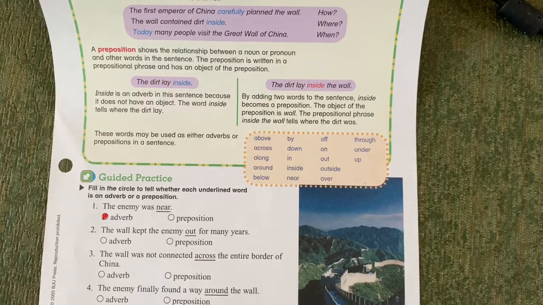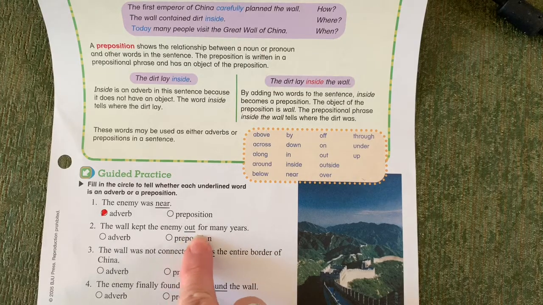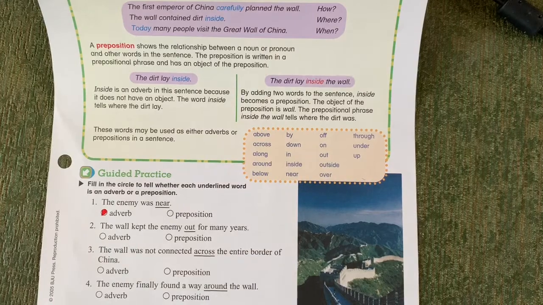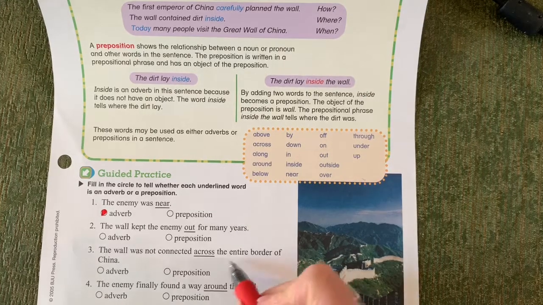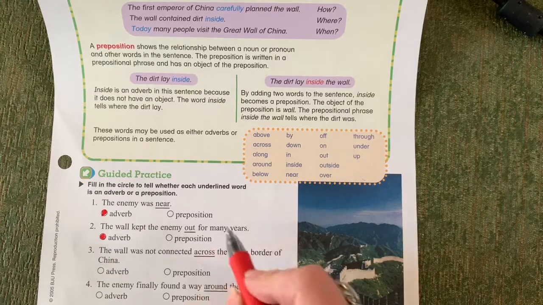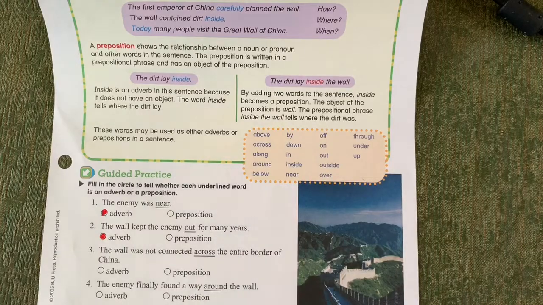Number 2, the wall kept the enemy out for many years. Okay, so we have out for many years. Is this a preposition or is this an adverb? Okay, be careful. It's an adverb because for is a preposition.